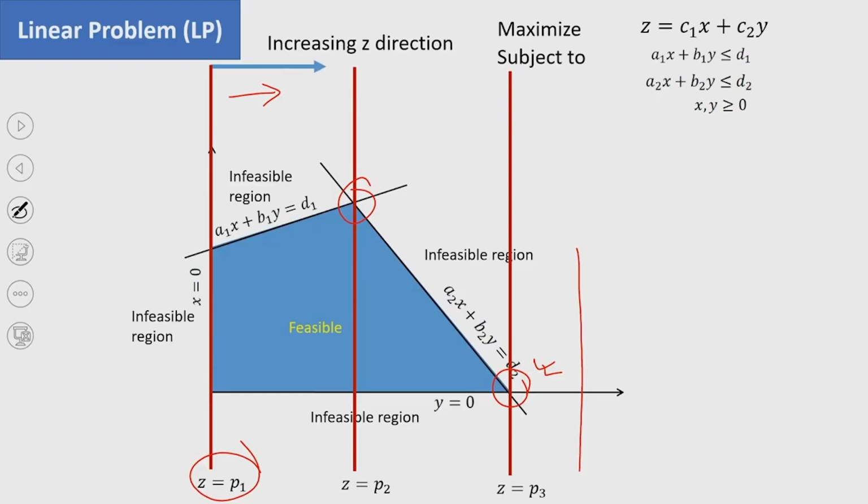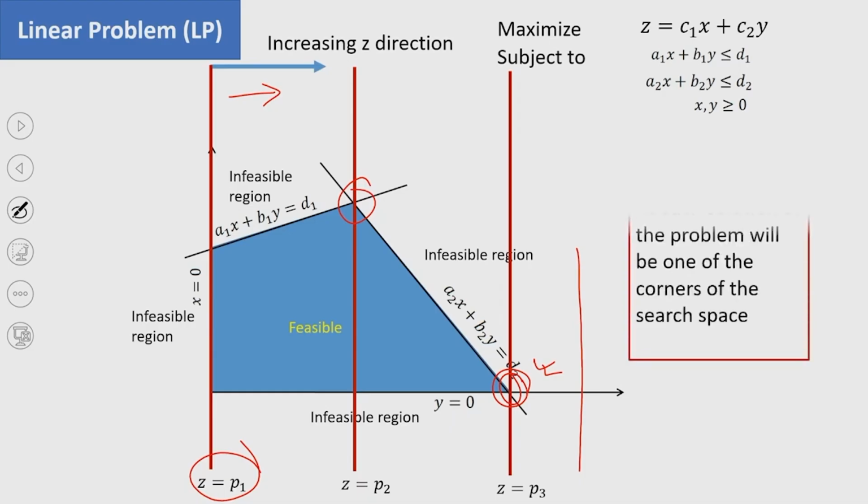So, this is one of the solutions of this particular problem, and probably the best solution. As such, the solution of the problem will be one of the corners of the search space. So, one of the solutions will be either here, or here, or here, depending upon the objective function. So, the solution will be one of the corners.